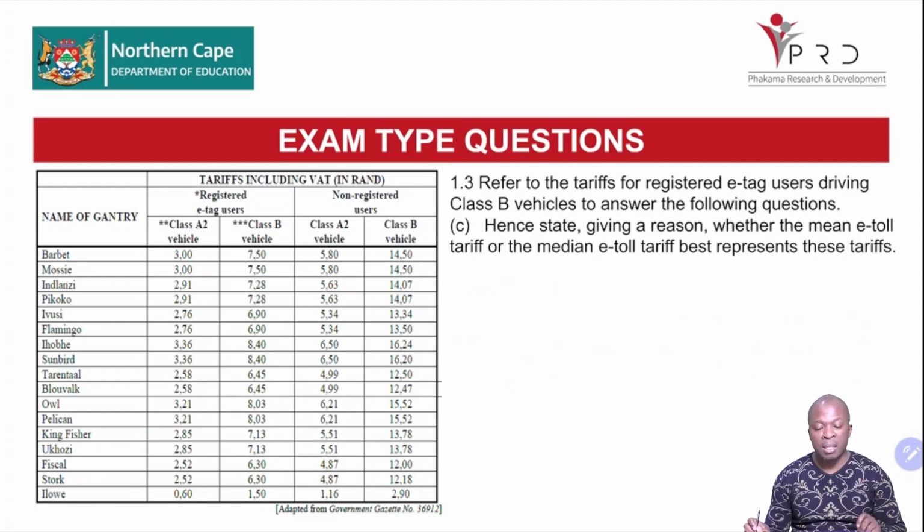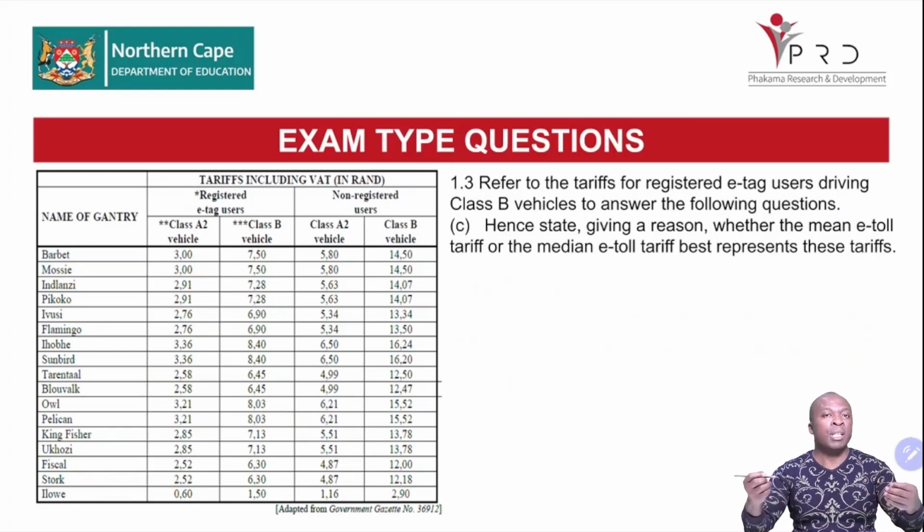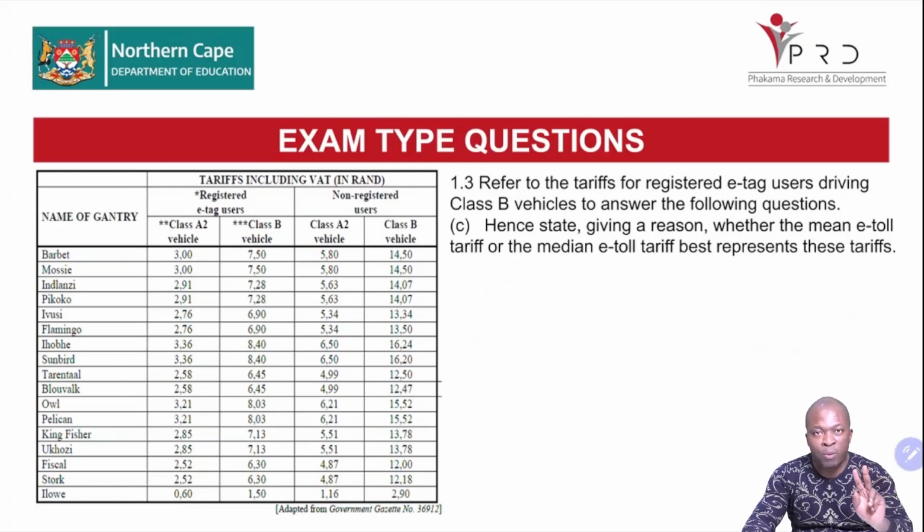So now it says, hence state, giving a reason, whether the mean e-toll tariff or the median e-toll tariff best represents these tariffs. So meaning I want you to say something. Should you use the mean or the median? Whichever you use, I want you to give me a reason. So let's go. I'm giving you only 2 minutes. Write your response. We will reveal our answers together after 2 minutes.